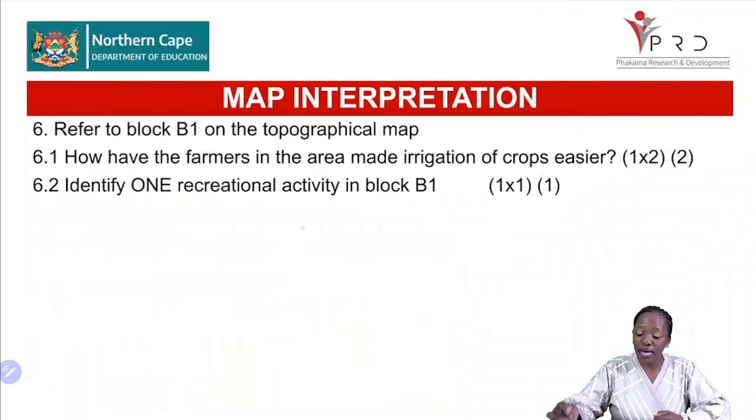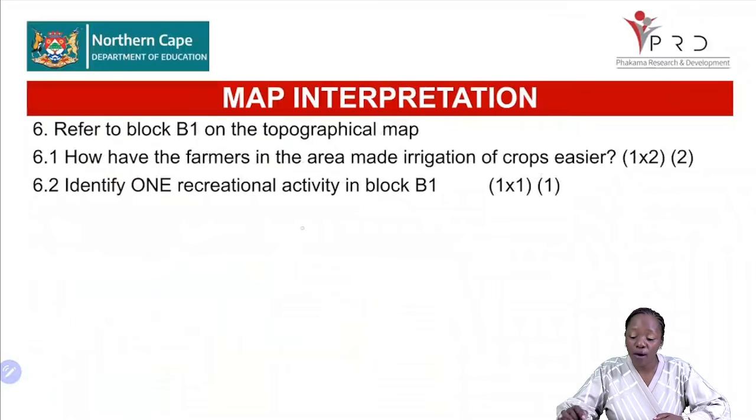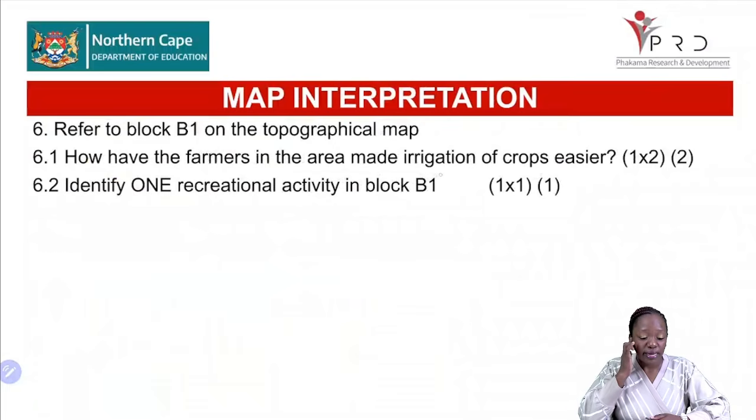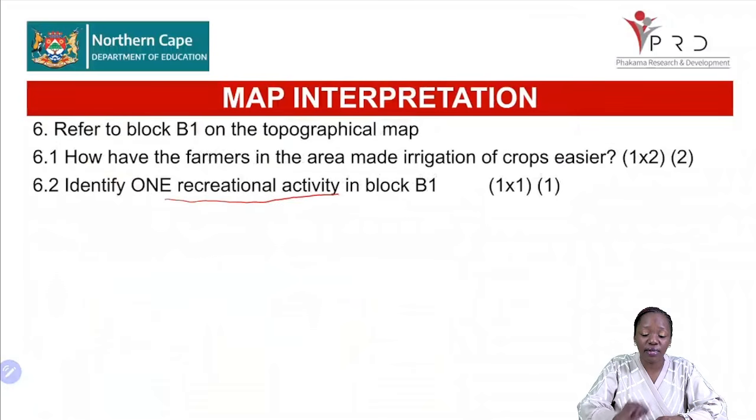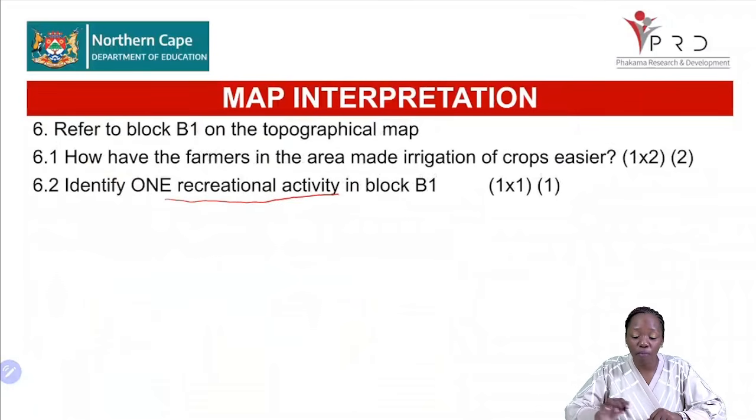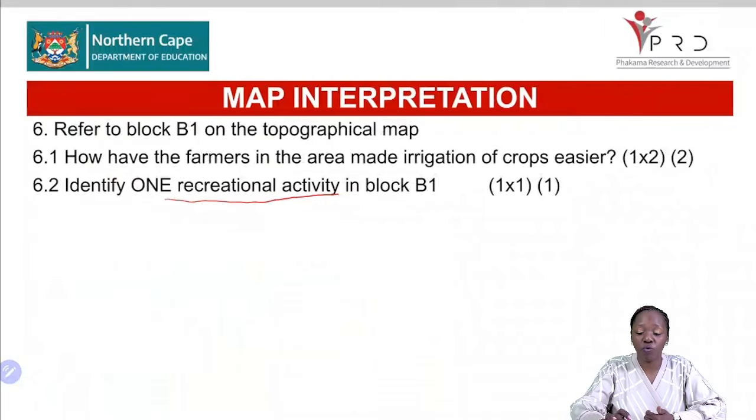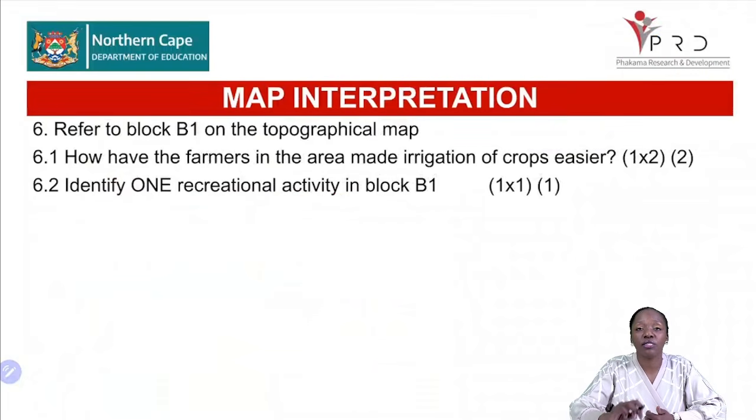So looking at your block B1, how have they made the area easy for irrigation? Then secondly, you identify 1 recreational activity in block B1. Remember, recreational, we're talking about sport activities. So again, I'm going to give you 3 minutes, and then after 3 minutes, we proceed with the corrections.